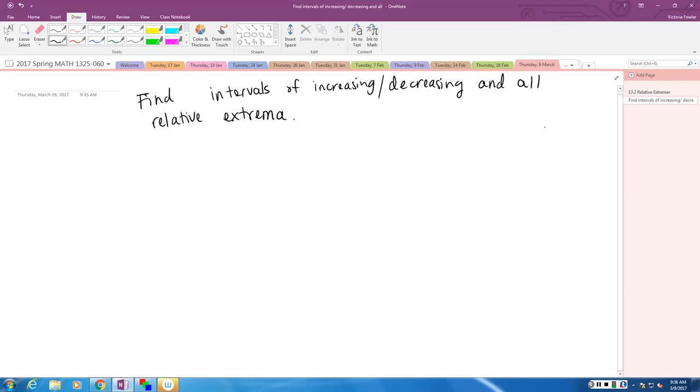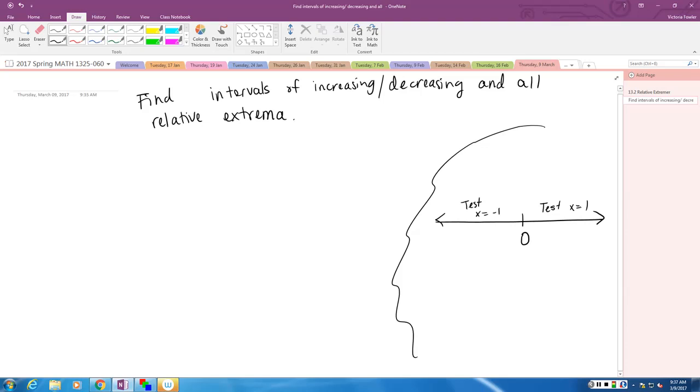So before you actually start doing a problem, let's think about if I want to know the relative extrema. Let's say I put 0 as my critical number on a number line. I test something to the left. We don't want anything too crazy. So I put x equals negative 1, and I test something to the right, x equals positive 1.